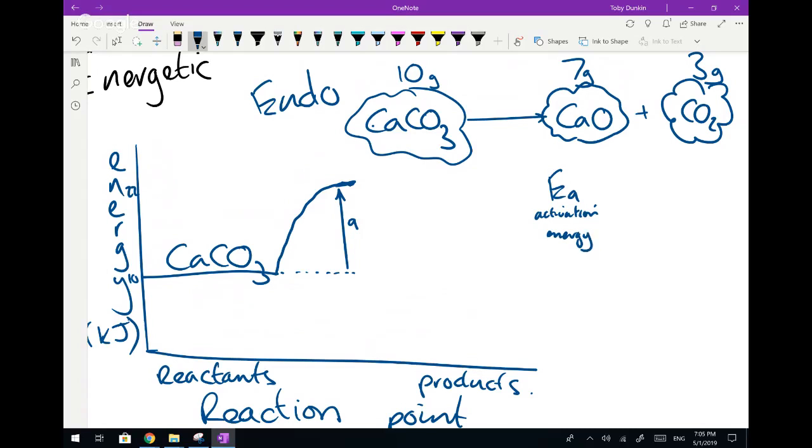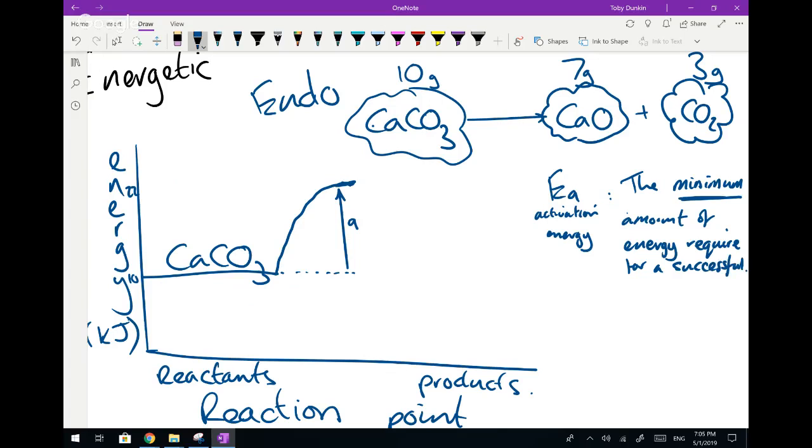Activation energy is defined as the minimum amount of energy required for a successful collision. Isn't that funny?